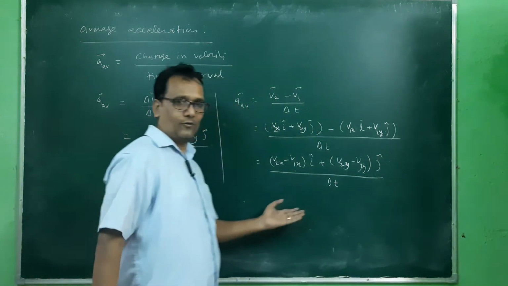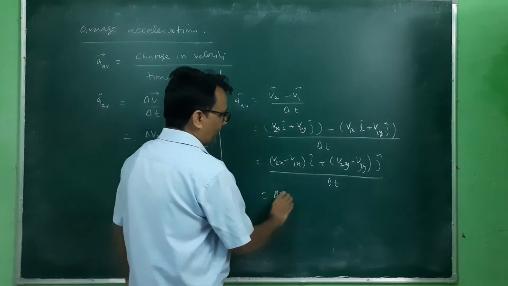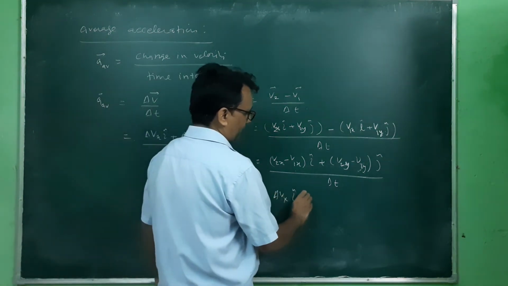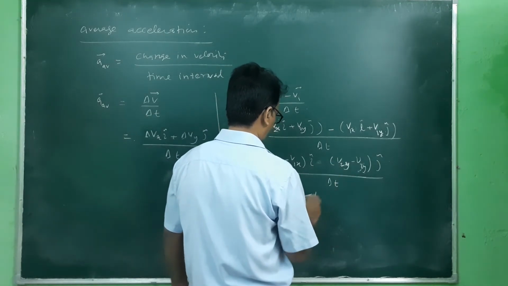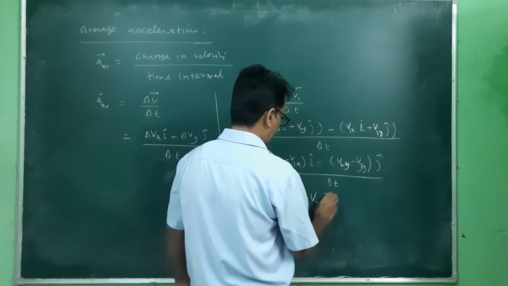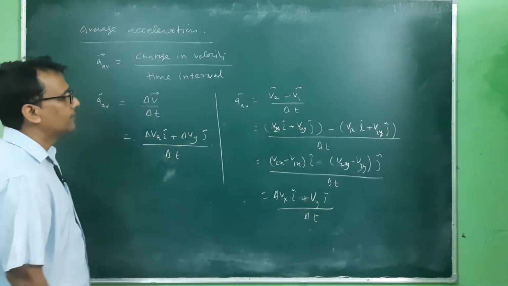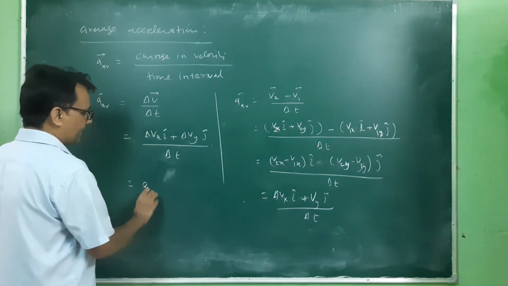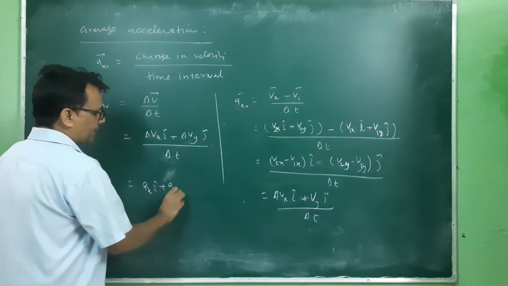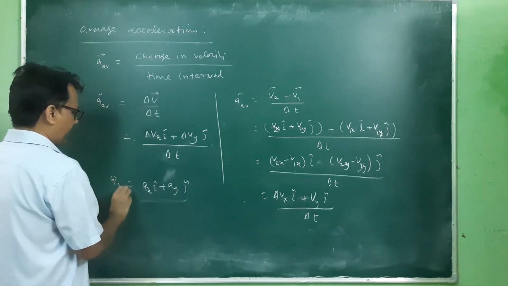You don't need to do all this, but if you want to elaborate you can write like this. So this is delta vx i plus delta vy j by delta t. Check the plus and minus once. Okay, so this is ax i plus ay j, and that is just a average.